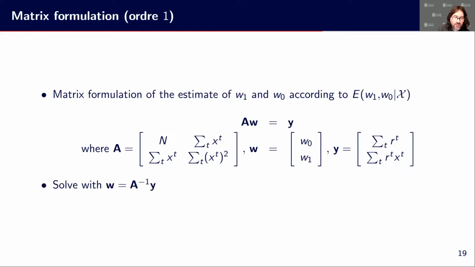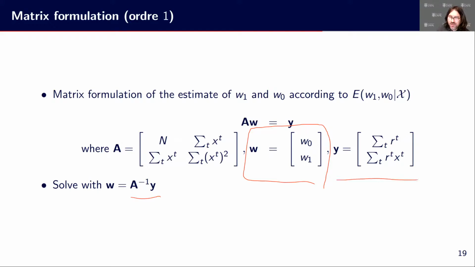And then we can obtain W because this is what we care about. We want to obtain the W0, W1 values from that. So we need to multiply both sides by the inverse of A. So we are inverting matrix A this way. So we have inverse of A times Y.